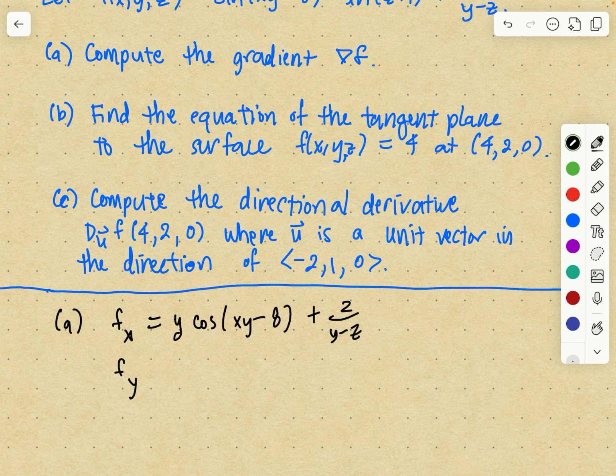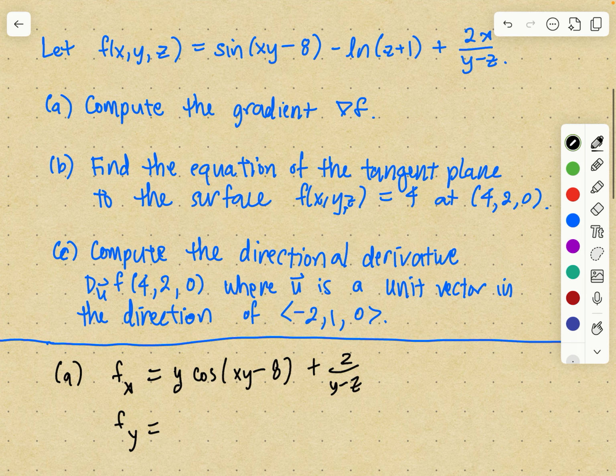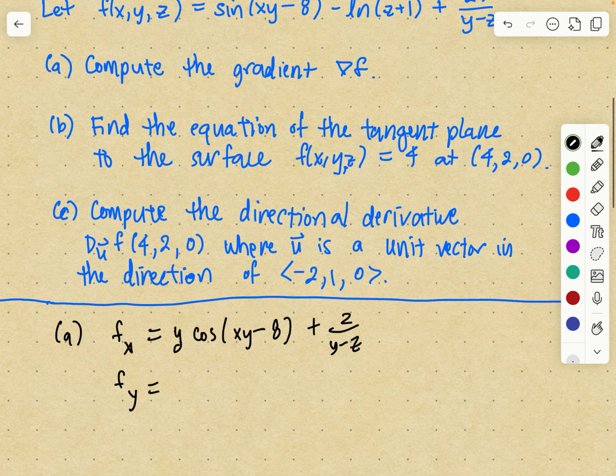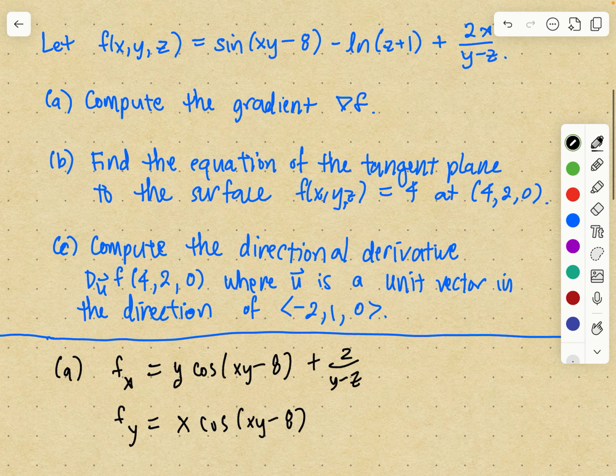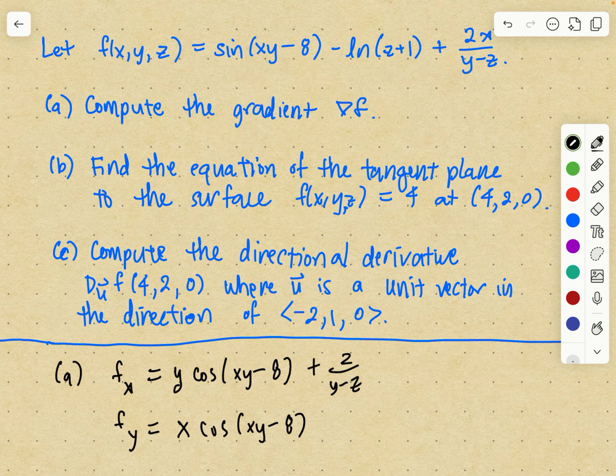Now I have to do f sub y, and for f sub y, I'm going to do the same thing. It's just cosine of (xy minus 8), but then I have to multiply by the derivative of the inside, and that's going to give me x. And then again, I'm going to get 0 for the middle term, and then for the last term, I'm going to have a constant over y minus another constant.